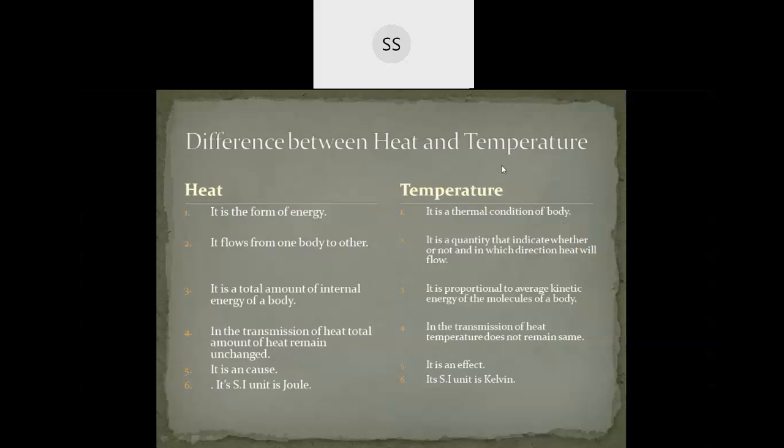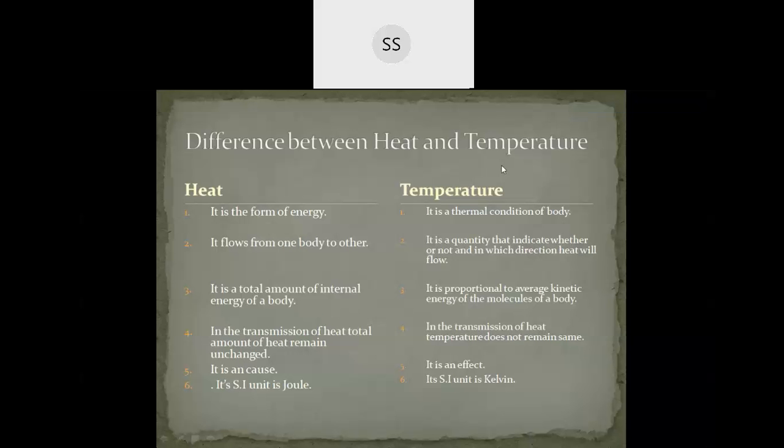Next difference, heat can be transferred from one body to another, but temperature is the quantity which indicates whether heat will flow or not, and if the heat is flowing, then in which direction heat will flow, that will be determined by the temperature.